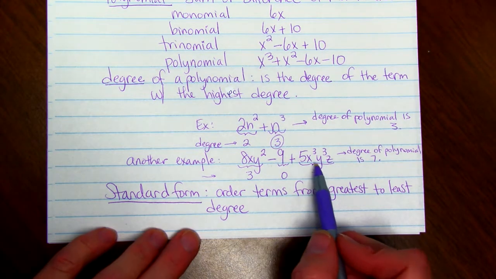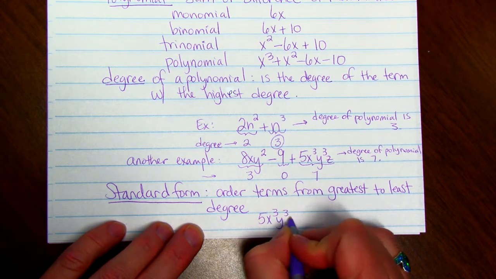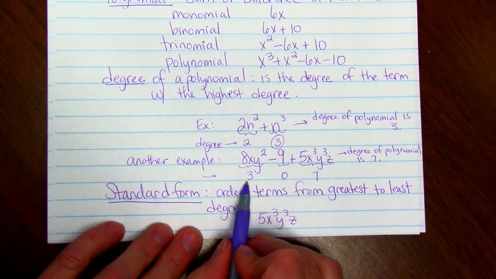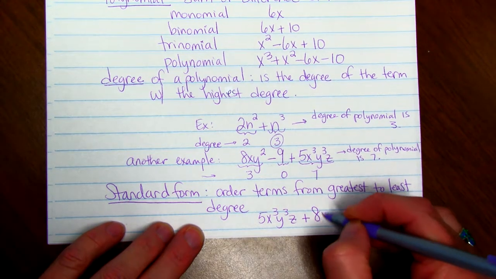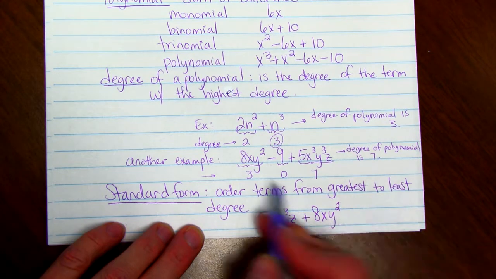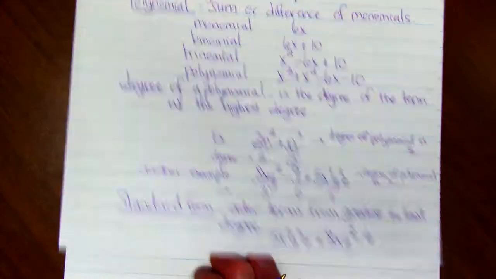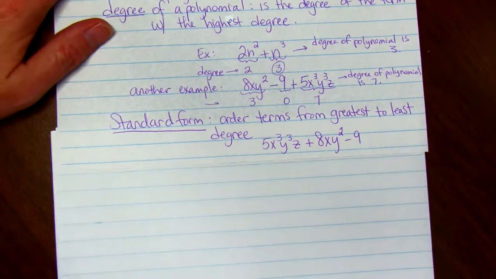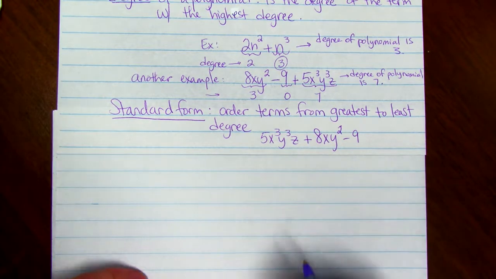The highest degree term was the last one, so we have 5x cubed y cubed z. The next one is positive with degree 3, so it's 8xy squared, and then we put the last term that has a degree of 0. And that's in standard form. In order to put it in standard form, you have to know the degree of each monomial.